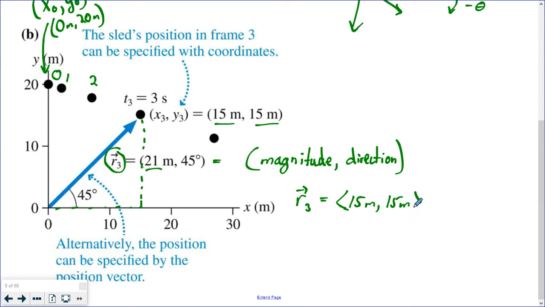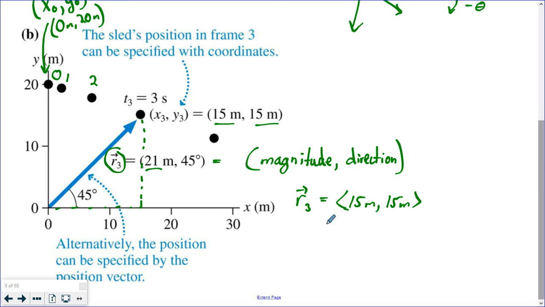The only difference here is the brackets, and if you see these brackets as a physicist, you know this is not just a coordinate, this is a displacement vector to get to the point x equals 15 and y equals 15. And you can draw that vector on a diagram. That's different than just giving a point in space.